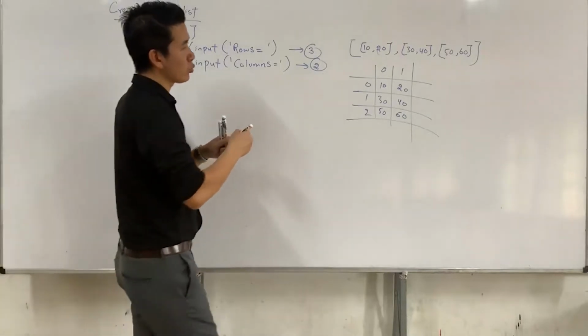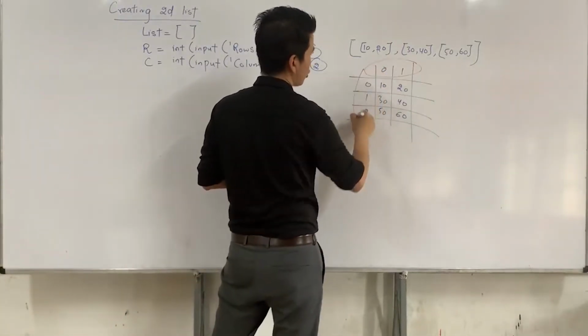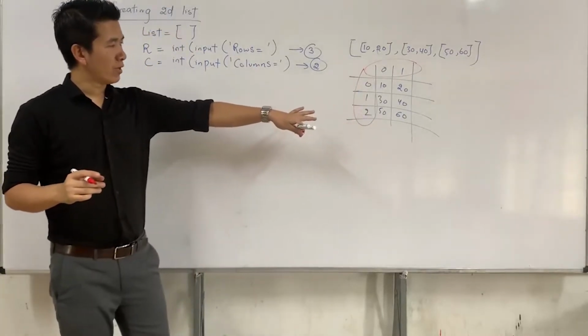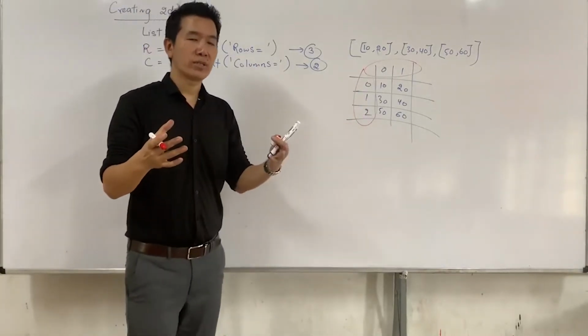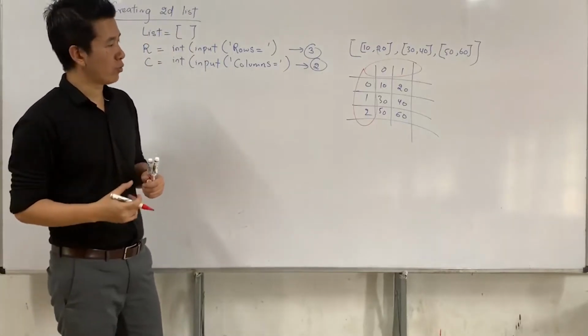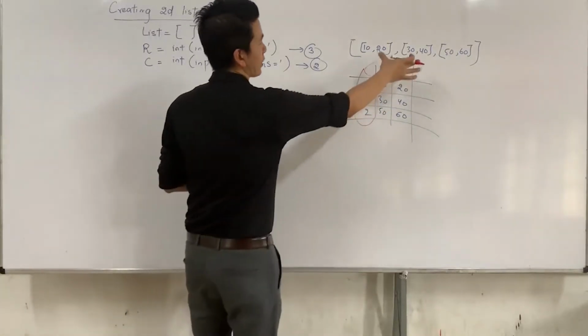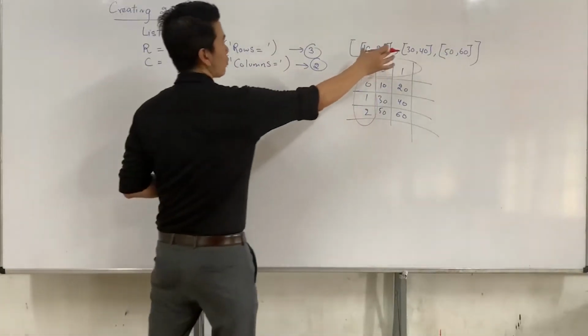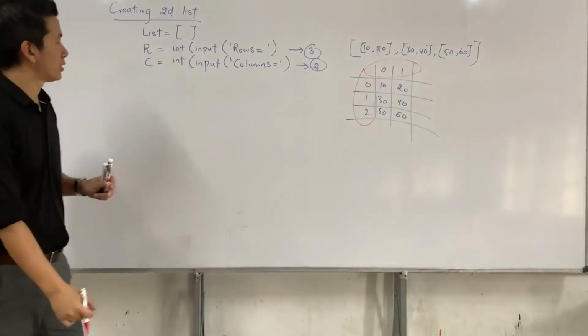So it's a nice way if you could visualize 2D list in the form of matrix, so that when you come across various kinds of questions, it'll be a lot easier for you to write the algorithm or the program. Okay, so this is an example of a list with 3 rows and 2 columns.